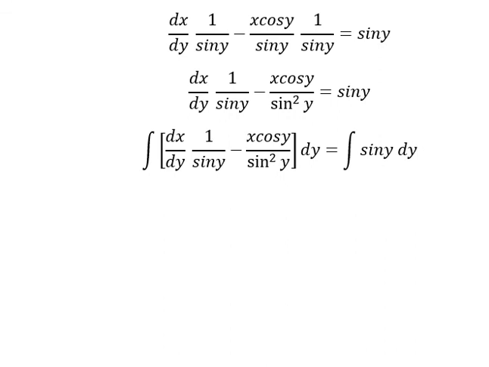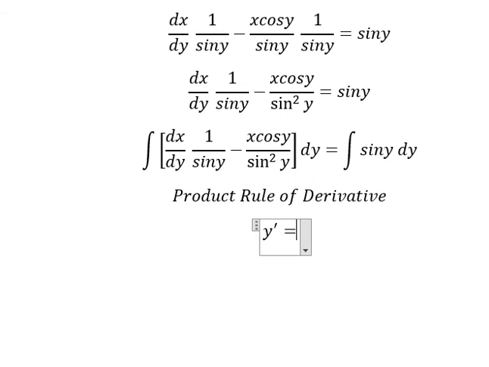Now we can apply the product rule of derivative. So we know that the first derivative of y equals the first derivative of u multiplied by v plus the first derivative of v multiplied by u.